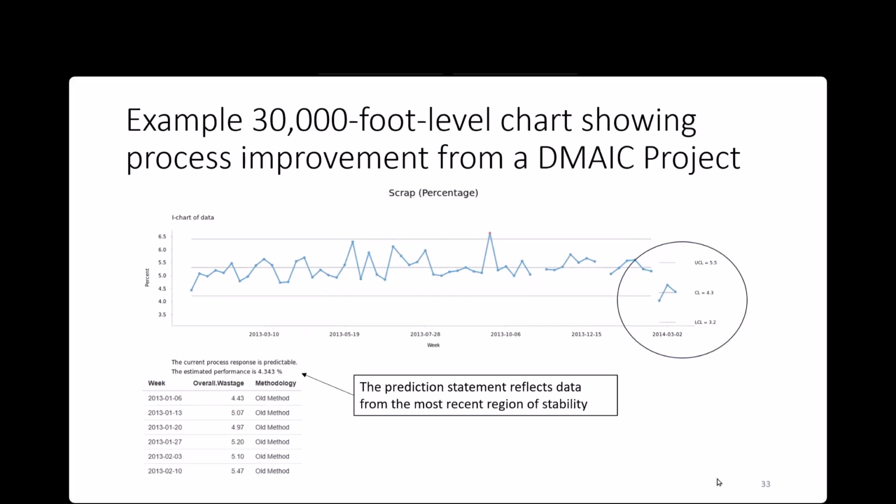The 30,000 foot level app can show again process improvement change. You can see how the individuals chart that I used to monitor the failure rate over time dropped to about 4.3, and the prediction statement is using the data from the recent region of stability, so basically the last 3 data points. It does not consider all the data points before this particular process was staged.